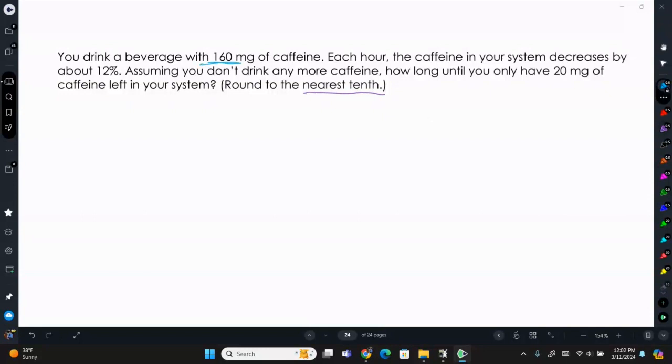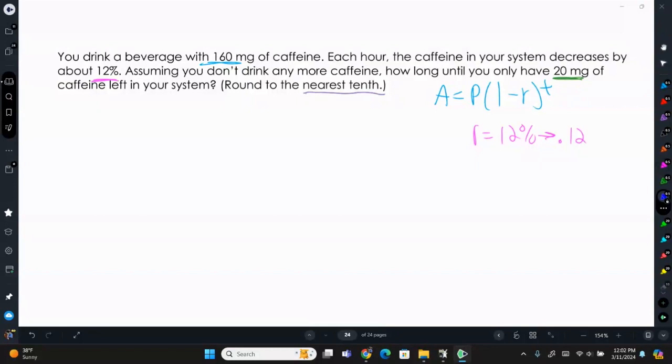So first, let's do the formula. And we know it's that formula because it's not talking about compounding anything. We're starting with 160 milligrams of caffeine. I want to end up with 20, and my r value is 12%, which is 0.12.